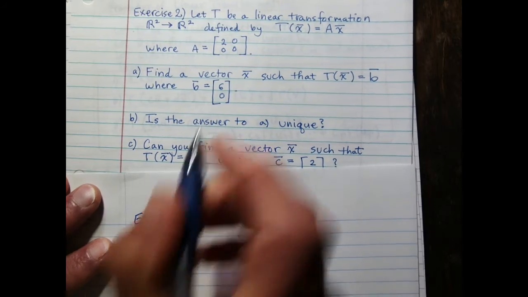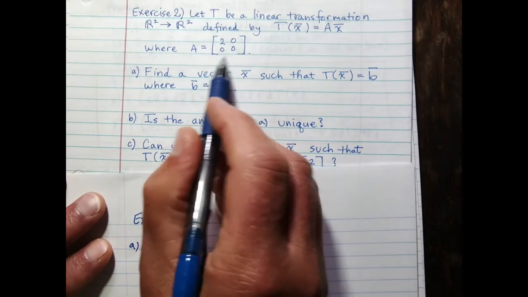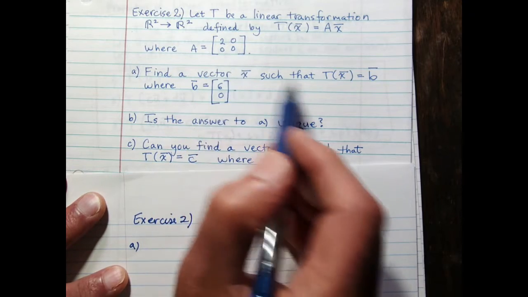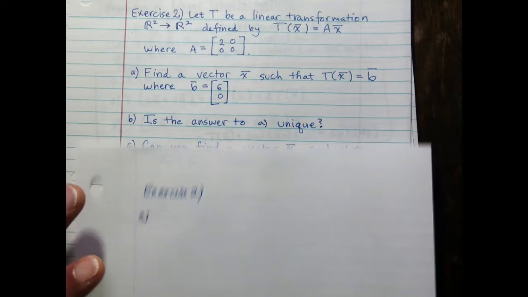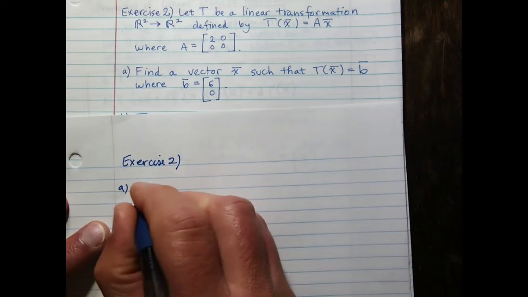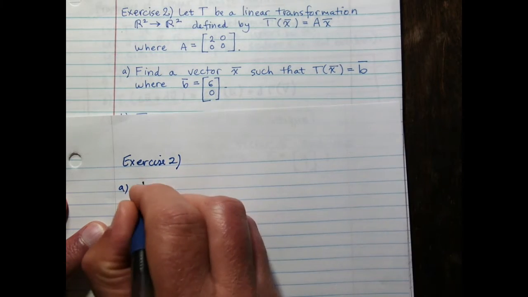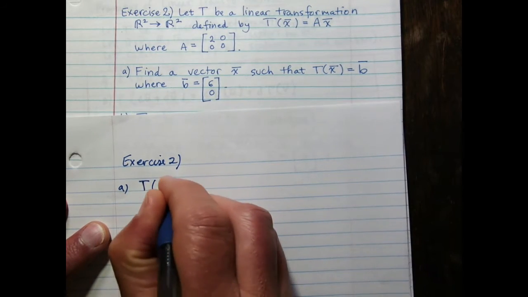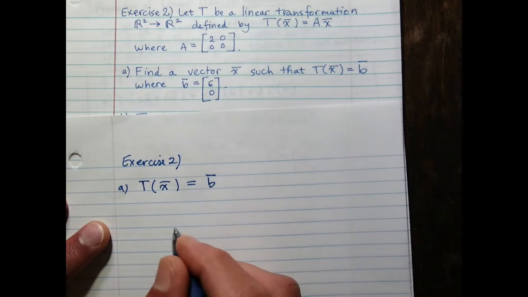Here we're looking at a linear transformation from R2 to R2 defined by a 2 by 2 matrix. And in part A, we want to find a vector x such that T of x equals b, where b is given, 6, 0.